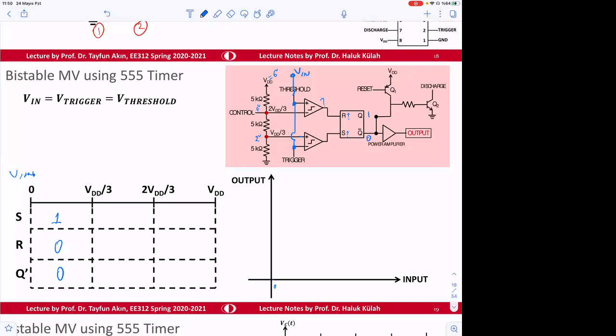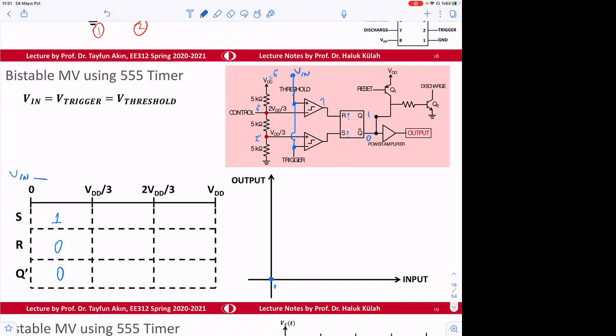And if that is the case, the amplifier output is going to be 0. So this is going to be the starting point. When we start increasing Vin, this is Vin, okay?